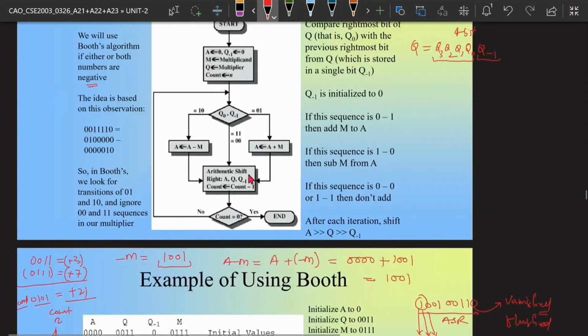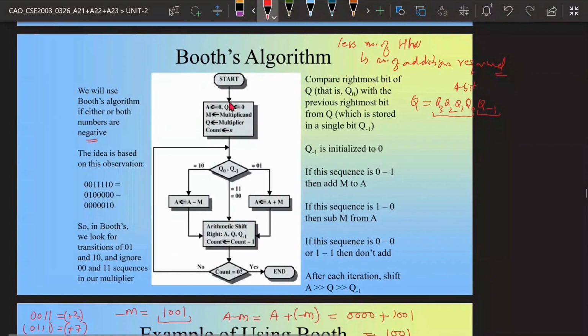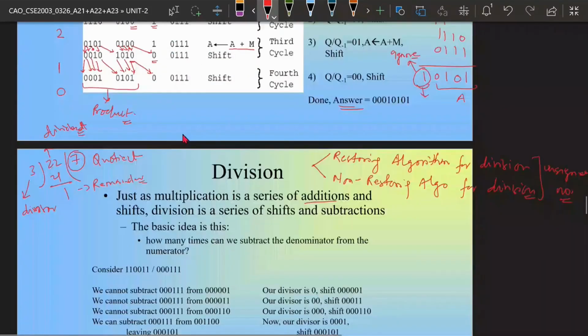In Booth's algorithm, we have seen how we can multiply positive numbers, and we can also consider the case of negative numbers, like 7 multiplied by -7. Next, we will see the division.